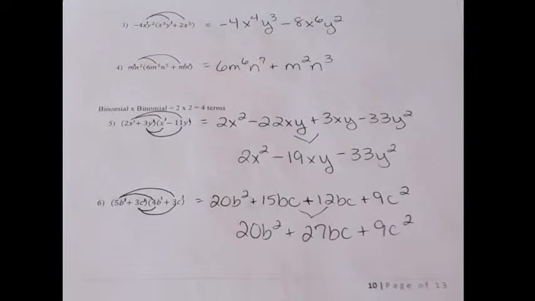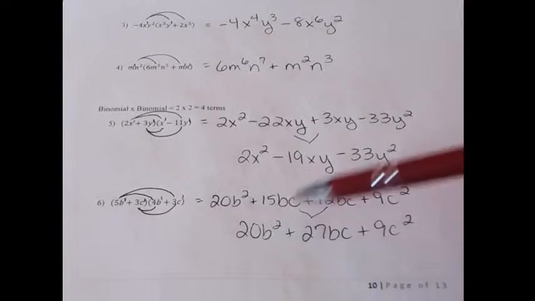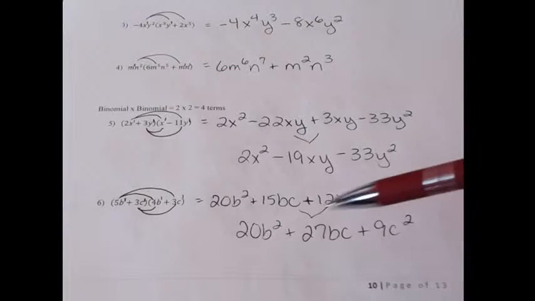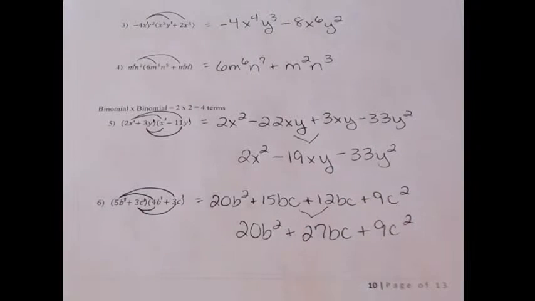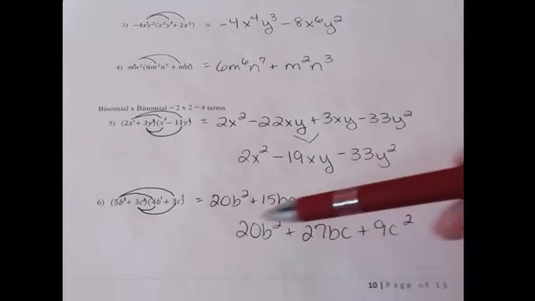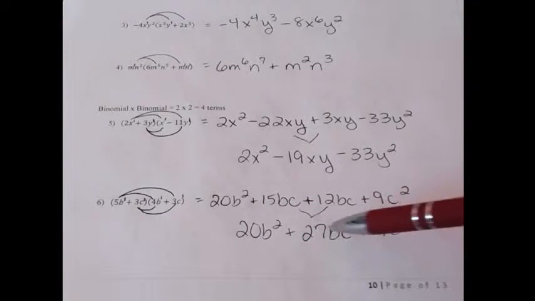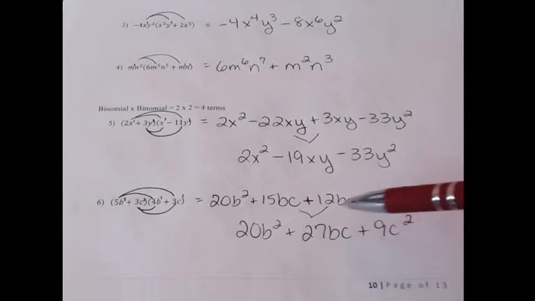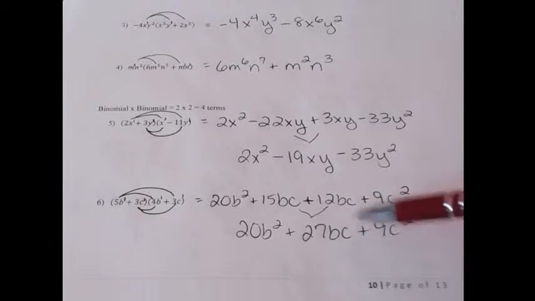Patrick, I do want to point out that you had written 20b squared plus 9c squared plus 27bc. That is totally fine. I will tell you that oftentimes you'll see that when you have all degree 2, this is degree 2, this is degree 2, remember, because it's the total degree of a term, so 1, 1, the total power. So degree 2, degree 2, degree 2, they're all tied.